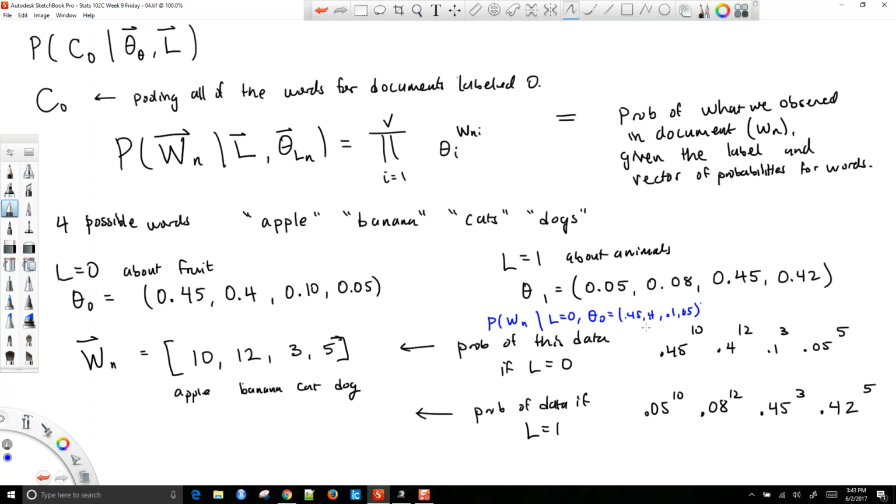And over here, this is the probability of my document W sub n given label is equal to 1 and the vector of words for label 1 is 0.05, 0.08, 0.45, and 0.42. I'm just saying, if somebody asked you what's the probability of getting this thing, we would do it this way.